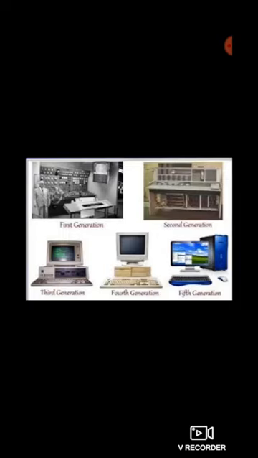Then we looked at the first generation computers, which used vacuum tubes. Second generation used transistors. In the third generation, we introduced integrated circuits. Fourth generation, processors, which were also known as microprocessors. And now the fifth generation, along with microprocessing, it's artificial intelligence. Remember this.